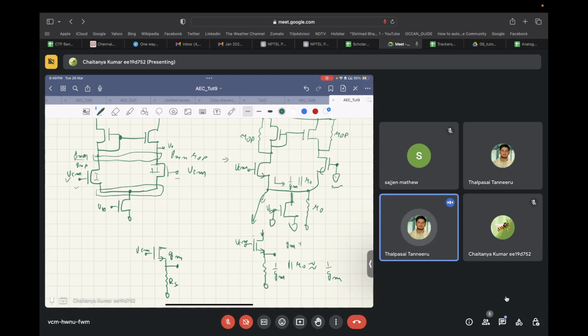Sir, GM into RS divided by 1 plus GM into RS. And the drain resistance. Why will drain resistance come over here? Infinity.